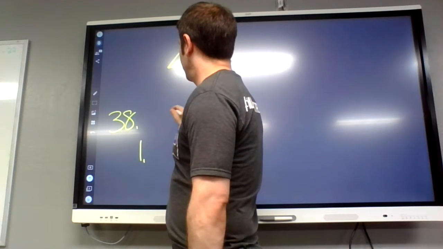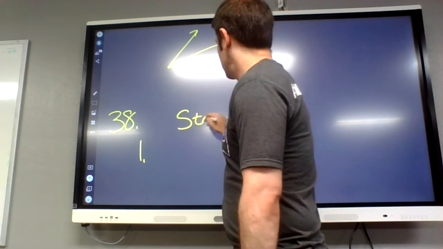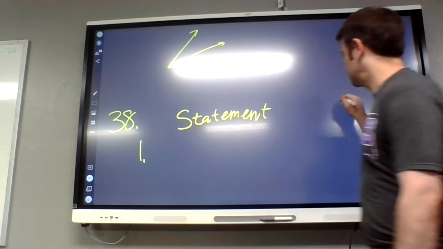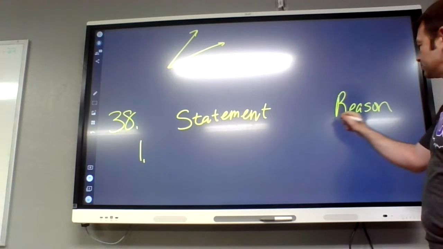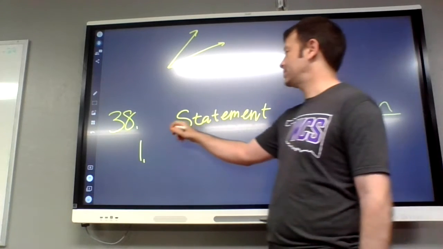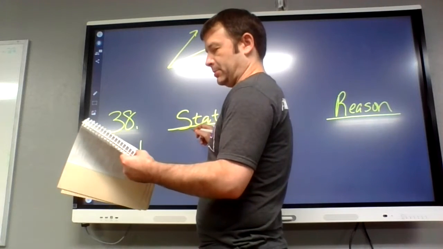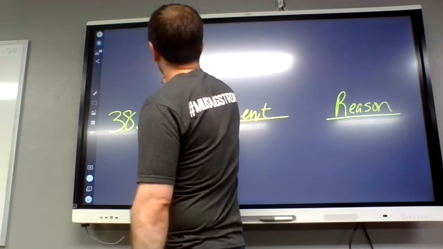Well, that's line 1, but what goes above line 1? The number. Statement and reason, yeah. There's line 1 statement and line 1 reason for that statement.